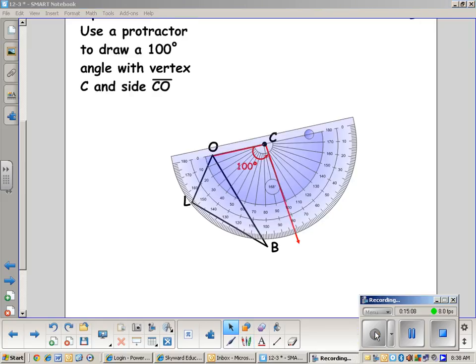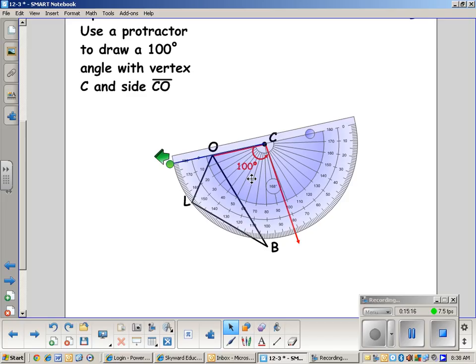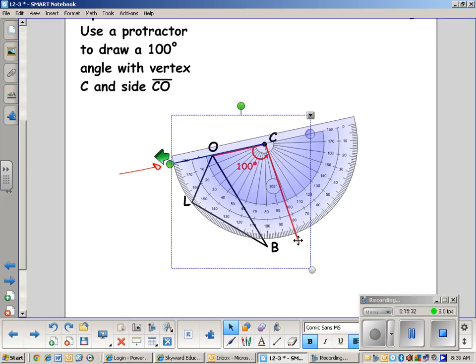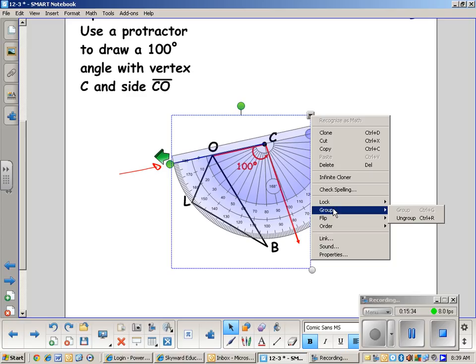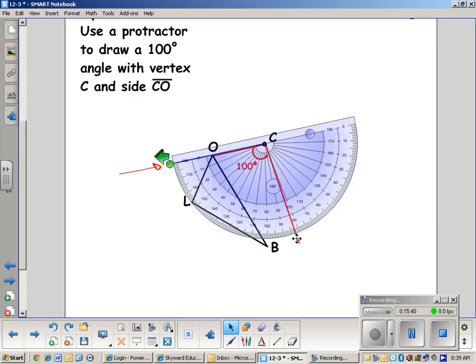So just to recap, since I forgot to turn it on, put the center of the protractor on the center of rotation, which is C, and line up the base of the protractor passing through point O. I'm going to measure a 100-degree angle, which I see is not quite perfect, so we're going to try to make it perfect. 100 degrees right there.